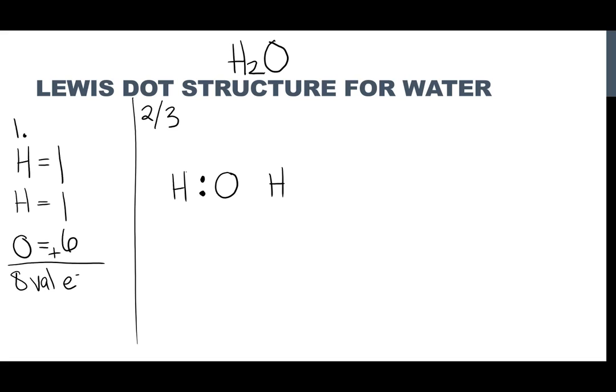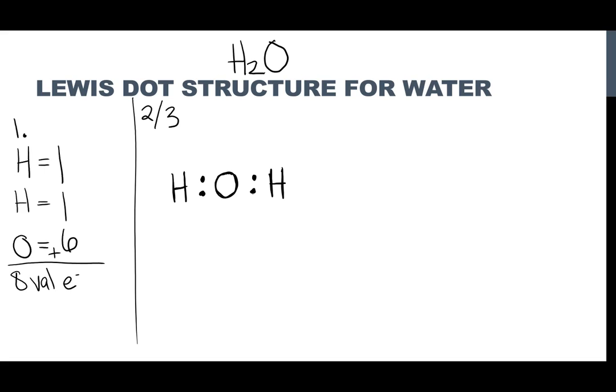So these two electrons are being shared by both the hydrogen and the oxygen. So I'll put 2 in there. And then I'm going to put 2 more electrons over here because oxygen's sharing those 2 electrons with this guy. Okay. So I put 1, 2, 3, 4 electrons onto the paper.